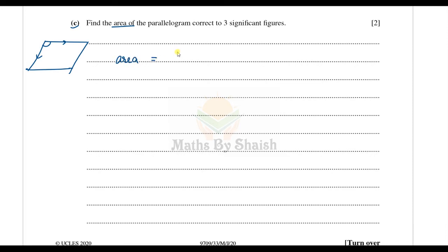So area will be magnitude of a vector into magnitude of b vector and sine of the angle between them, right? So corresponding to a vector, it is AB vector magnitude into AD vector magnitude, and the sine of angle BAD.